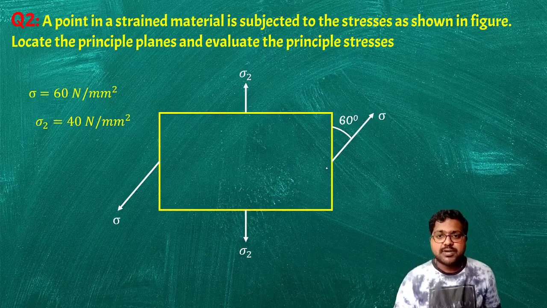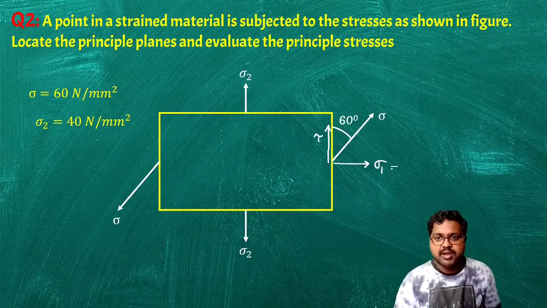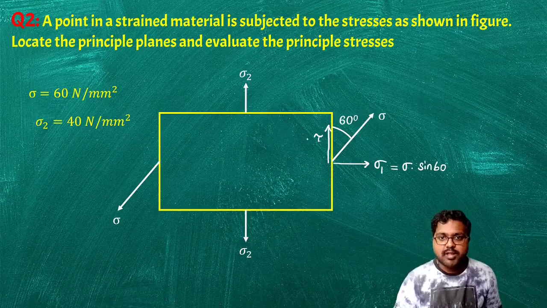So first, for our convenience, I am converting this stress sigma into horizontal and tangential components: horizontal component as sigma 1 and tangential component as tau. So here I will get the value of sigma 1 as sigma into sin 60 and value of tau as sigma into cos 60.